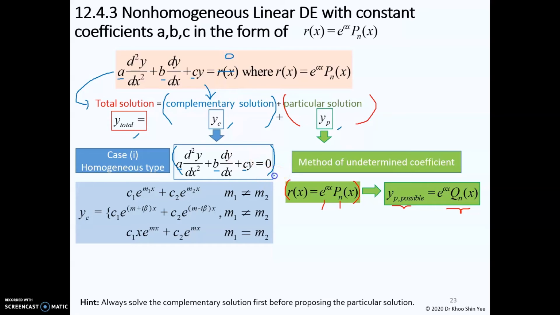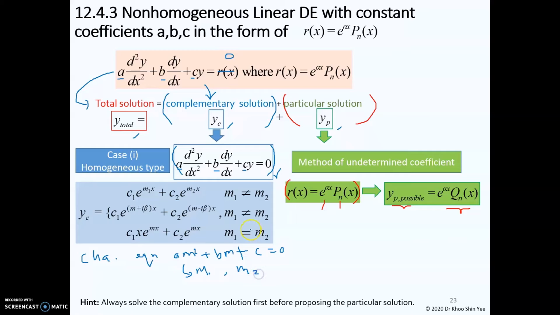With that, you should obtain this equation, and we can use the characteristic equation to find the root for the homogeneous ODE. So from here you obtain Am squared plus Bm plus C equal to 0, and then you can solve for the m1 and m2.